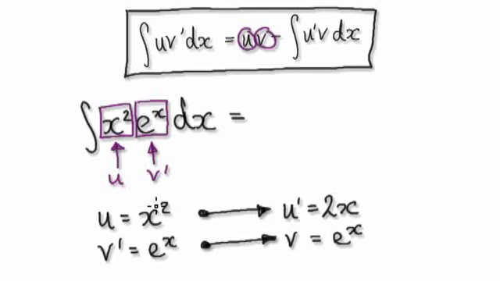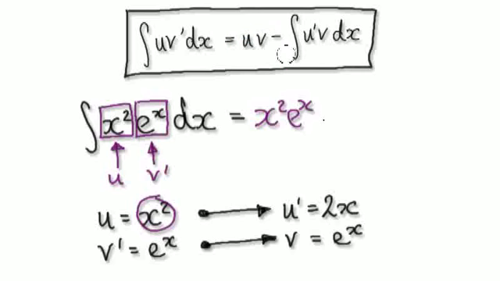u times v. So this is u, so that would be this times v. Well, v is this thing here, so that would be e to the x. And then we've got a minus here, and then the integral of u prime.